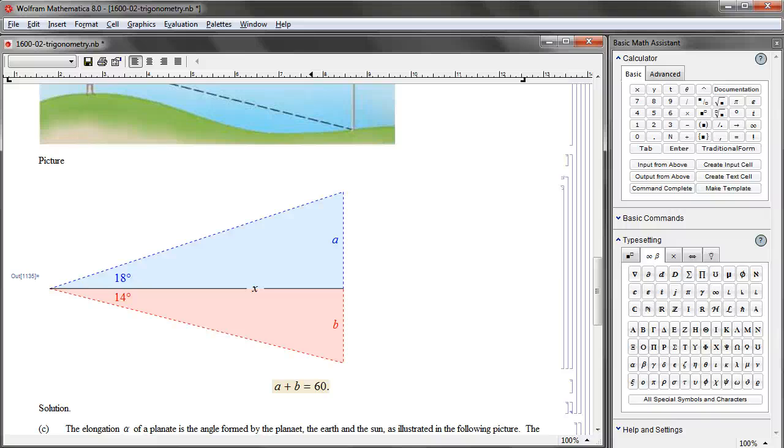We have an equation, but the problem is that it has two unknowns, A and B, and neither of them is x. A bit of a problem, but not something insurmountable, because we have two triangles. We have two unknowns here, but we have two triangles, and each triangle will take care of one unknown.